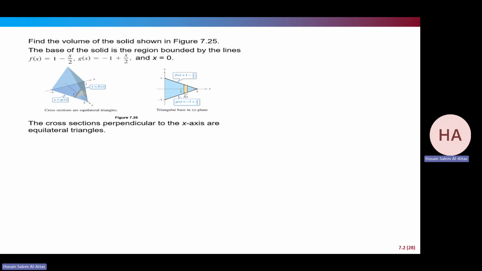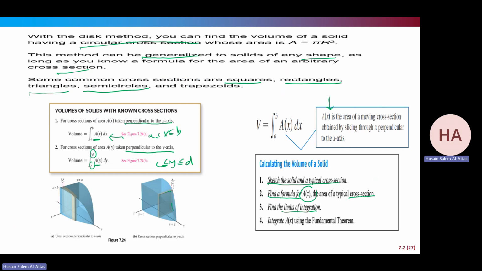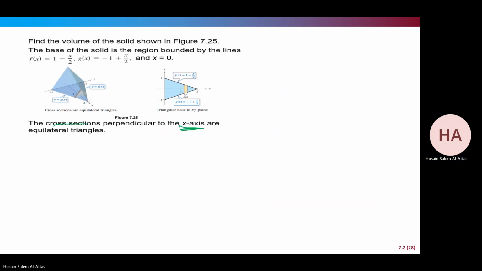Okay. Find the volume of the solid shown in the figure. The base of the solid is the region bounded by the lines, and they want the cross section perpendicular to the x-axis, so everything is in terms of x. In this case, the cross sections are equilateral triangles.